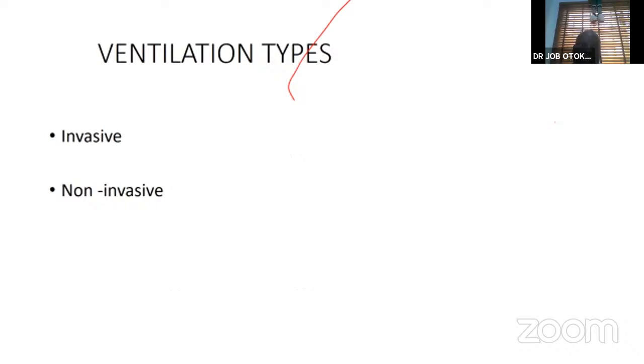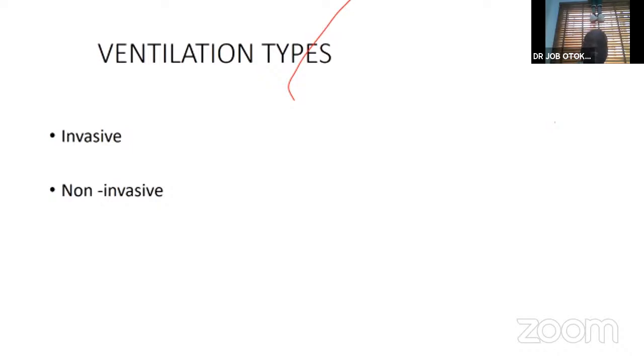Another type of mechanical ventilation is invasive versus non-invasive. If you use either a tracheostomy or tracheal intubation, as far as you breach a body cavity, that defines invasive ventilation.